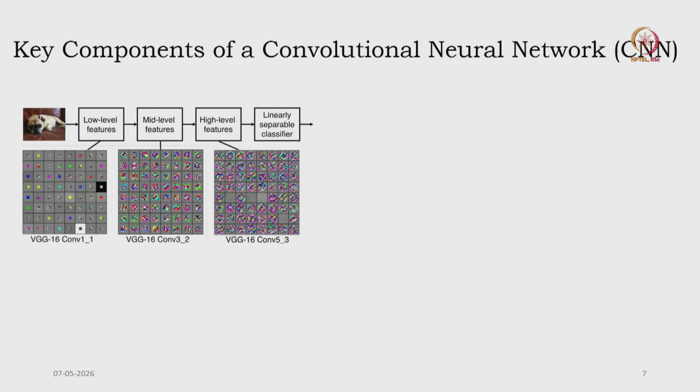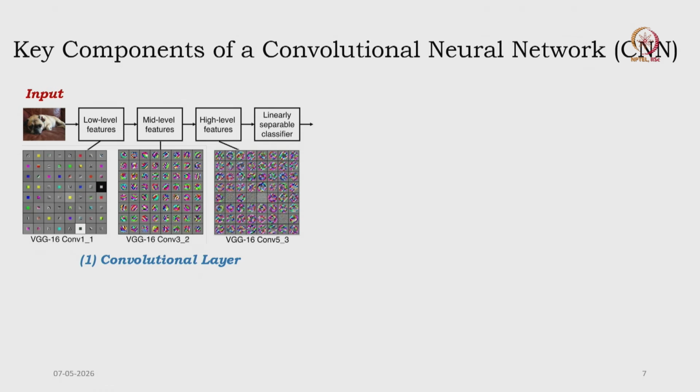So before we get into the architecture, let us look into what are the key components of a CNN. Definitely we require an input, and that input we always consider an image. The very first component is a convolutional layer. What exactly is the convolutional layer responsible for?